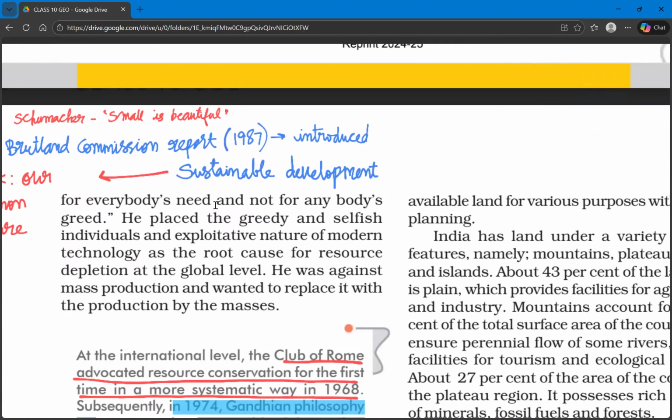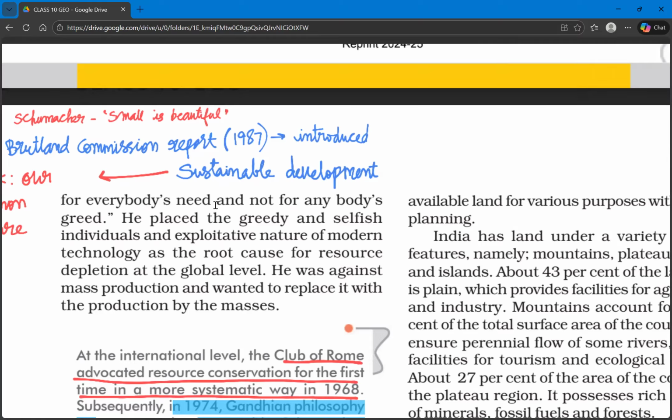So, what did Mahatma Gandhi say? He said, there is everything for everybody's need, but not for anybody's greed. So, this is the famous line given by Mahatma Gandhi. He placed the greedy and selfish individuals and the exploitative nature of modern technology as the root cause for resource depletion at the global level.